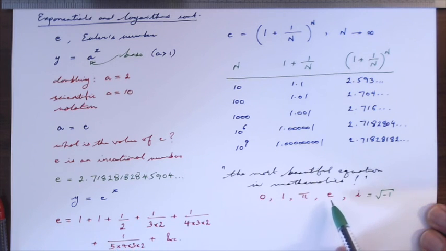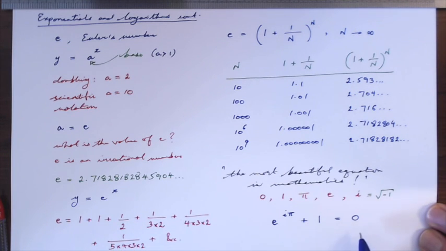And it turns out that all of these 5 numbers are connected in an equation, which has the following form: e, so an exponential, raised to the power of i times pi, added to 1 gives you 0. And that is a spectacular equation.